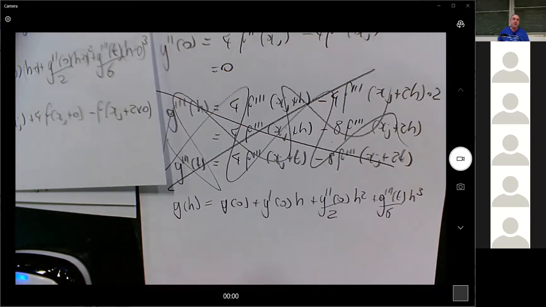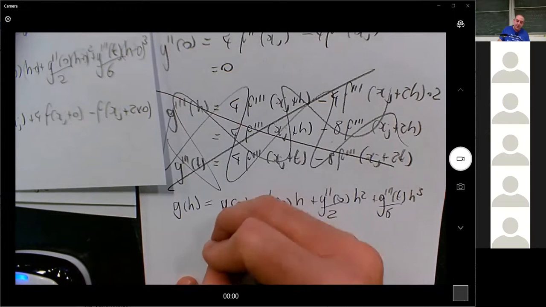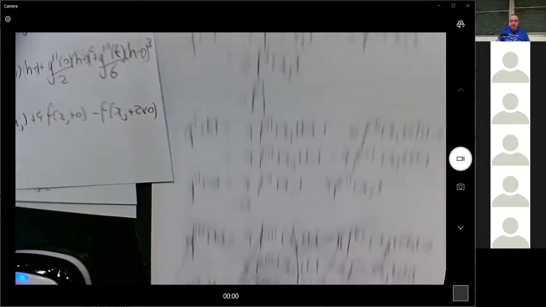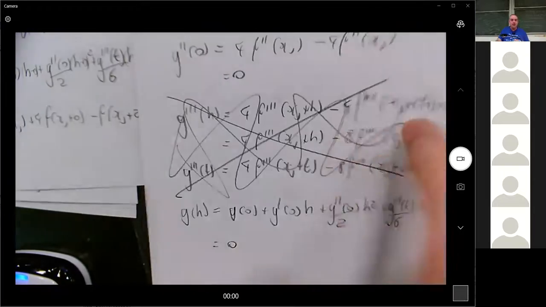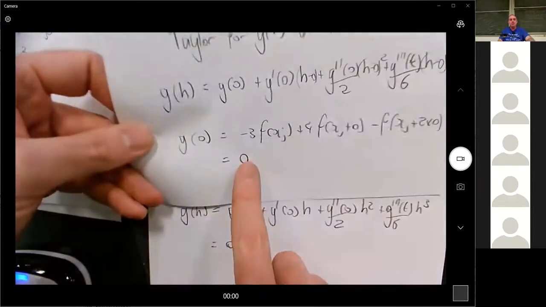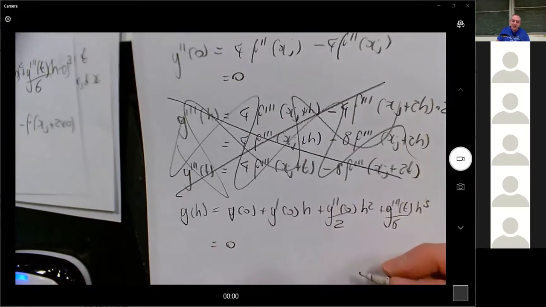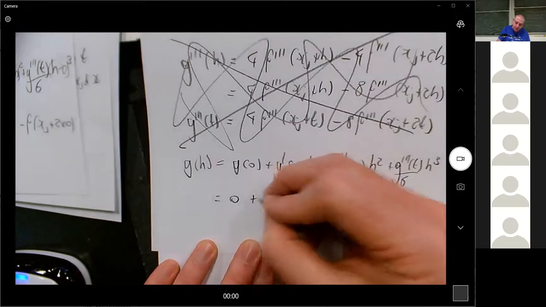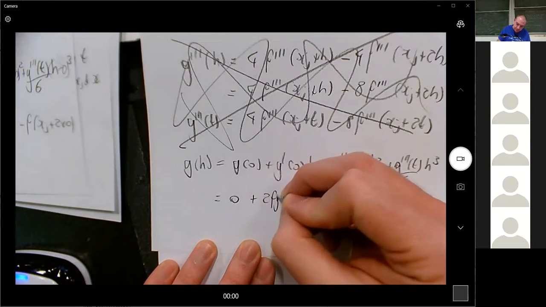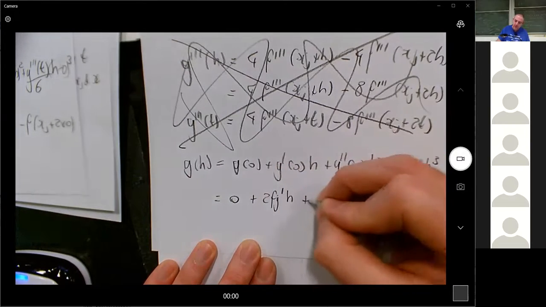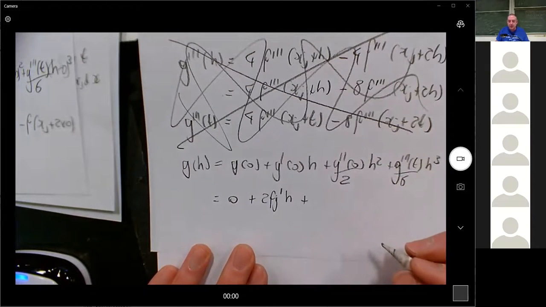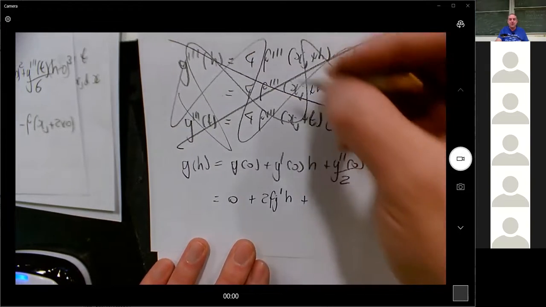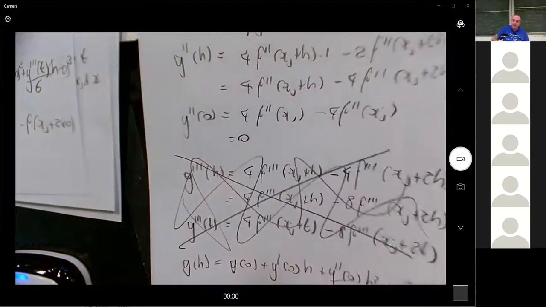And so g of h is therefore g of 0, which was 0. That was here. Plus g dashed of 0, which was 2 of fj dashed, times h. Plus g double dashed of 0 on 2 times h squared, but g double dashed of 0 was 0.